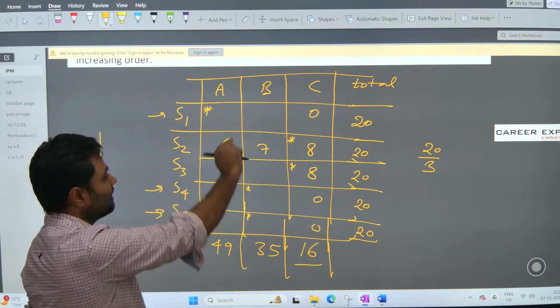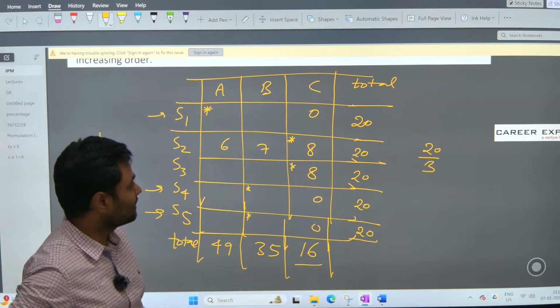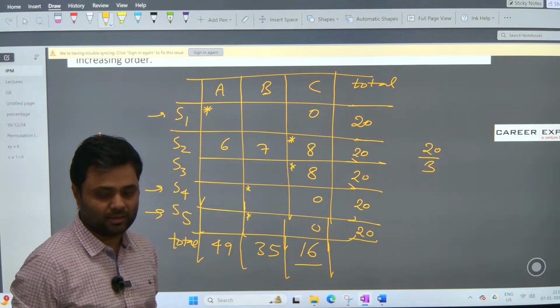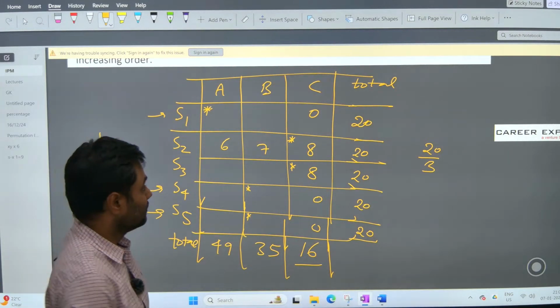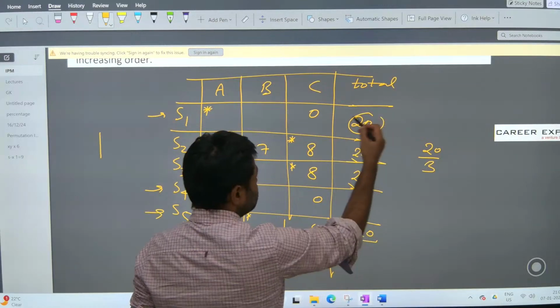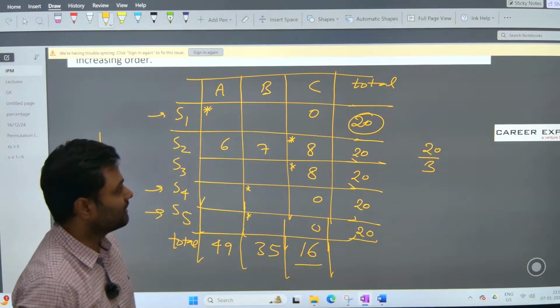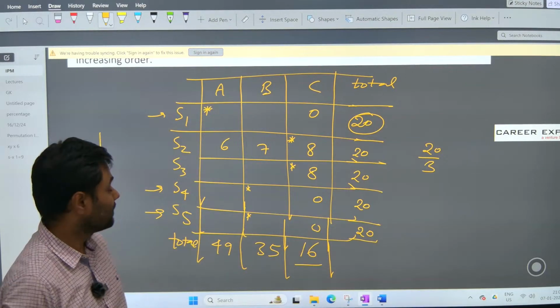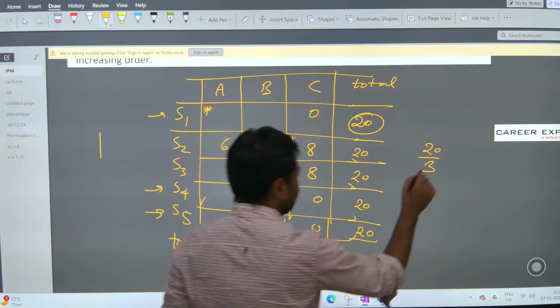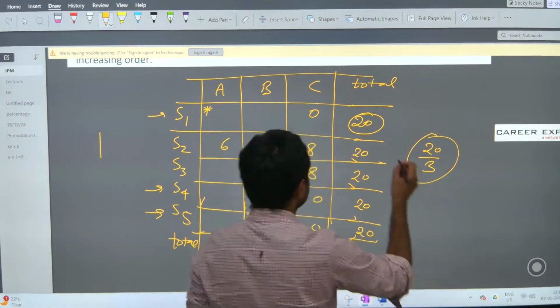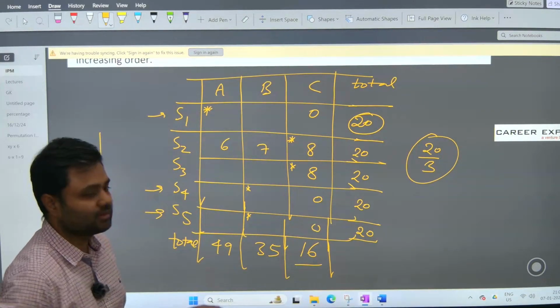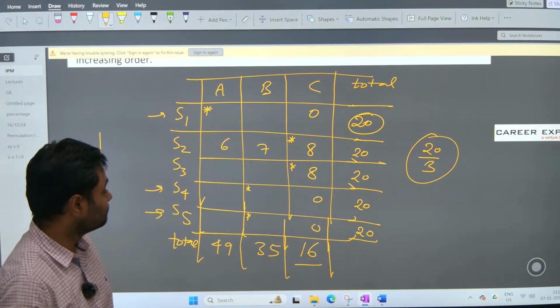So if A and B are contesting here, I can say that to win a constituency in a 2-party contest, total 20 seats are available. So the winner must have 11 or more seats, right? So this is another point that we can draw from here, that in a 2-party contest, which was there in S1, S4 and S5, the winner must have 11 or more seats.